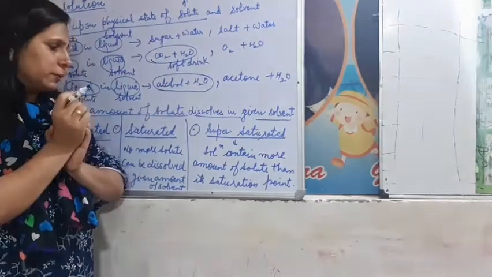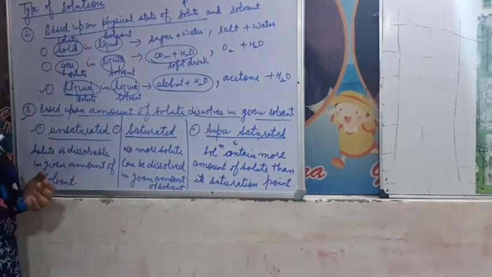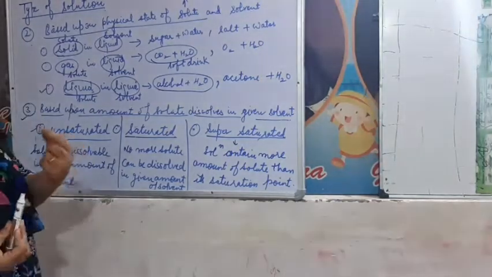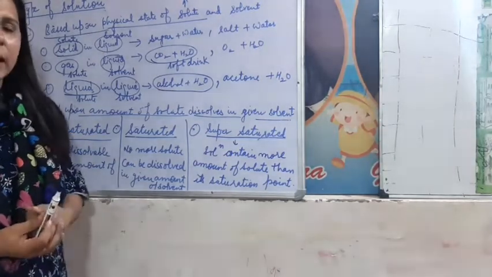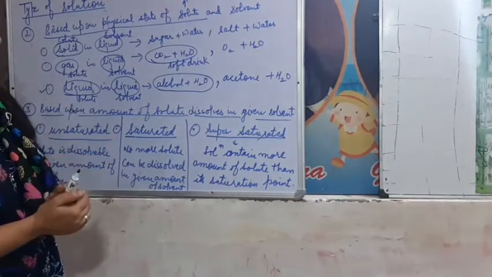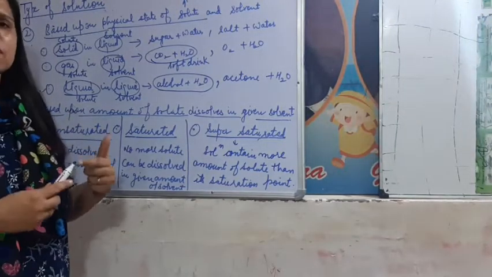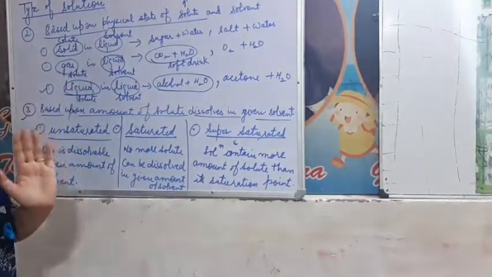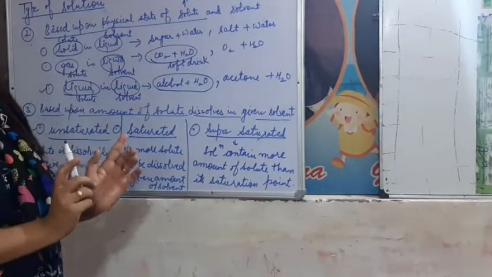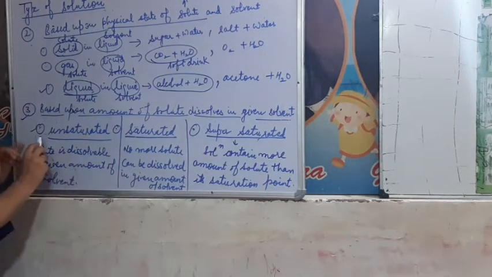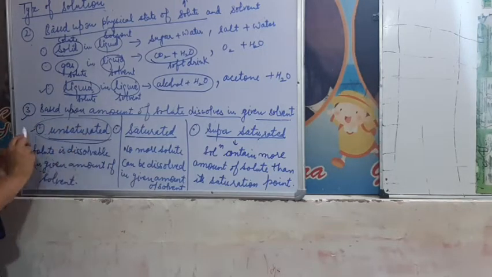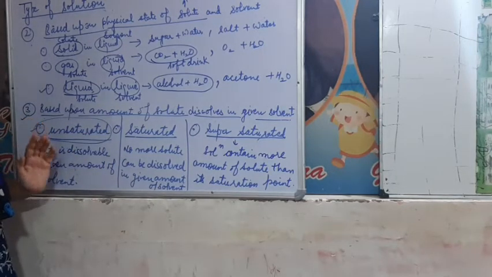You take a proper amount of solvent. Let us take 1 glass of water, and you start adding some amount of sugar in it. Of course, sugar is dissolvable in water, so it will be easily dissolved. And that solution where sugar is easily dissolved in water is termed as unsaturated solution.